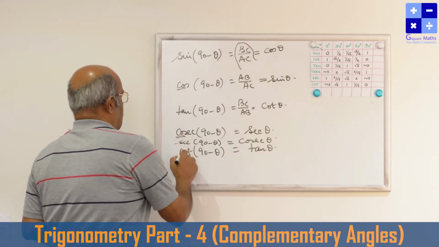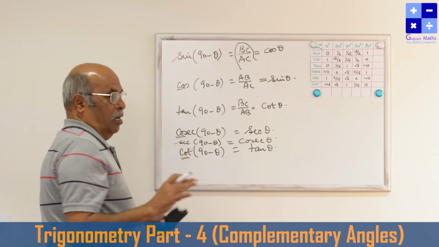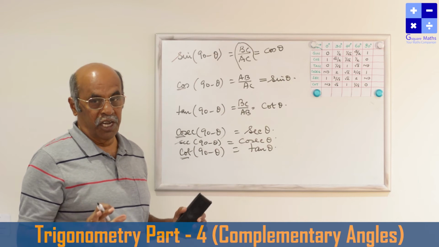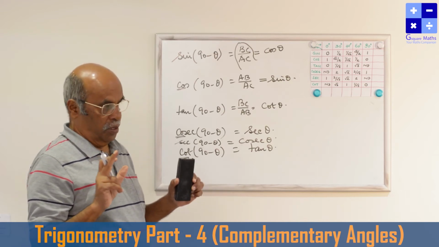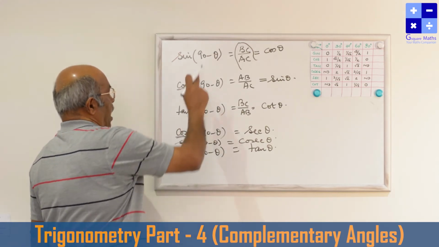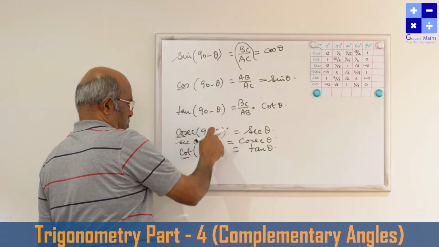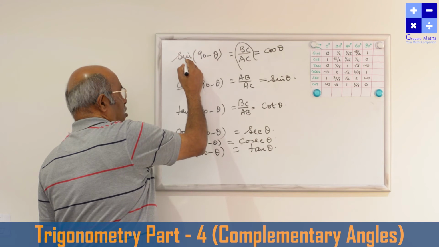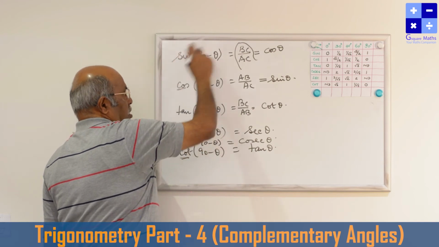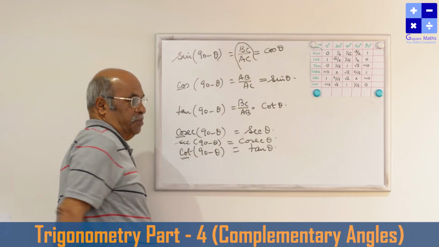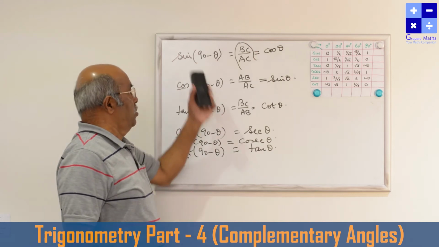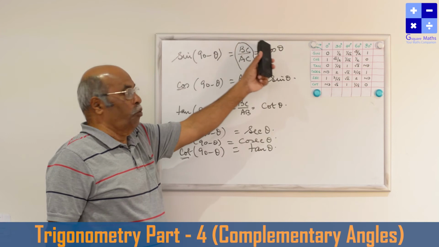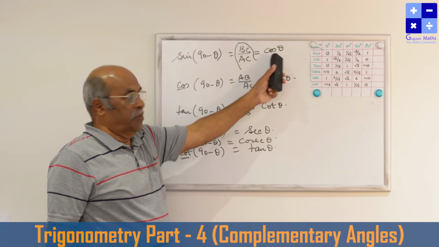Okay, this also CO. In these 6 trigonometric ratios, we have 3 ratios which start with CO. Now, when the angle is in the first quadrant, if CO is not there, add CO; that is the value of the complementary angle. In this, the complementary angle of this, CO is not there, add CO, so cos theta.